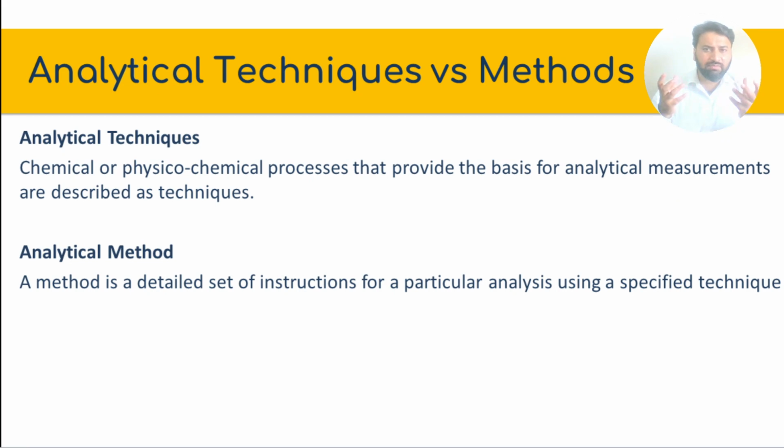When we don't have a method, we have to develop it. But at this stage, we are only learning how to follow the method. So a method is a detailed set of instructions for analyzing using a specified technique.